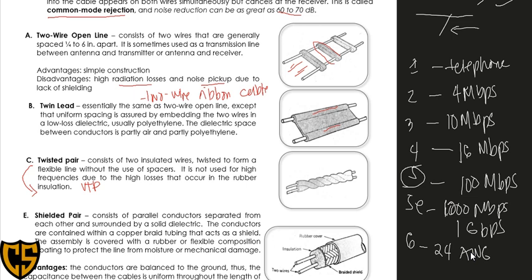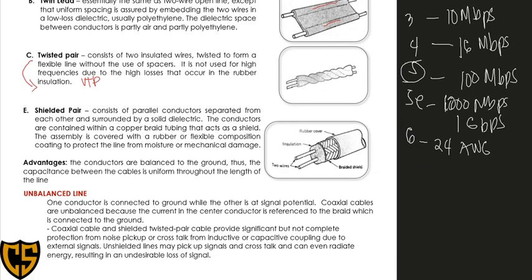Next, we have your shielded pair. Shielded pair consists of parallel conductors separated from each other and surrounded by a solid dielectric. The conductors are contained within a copper braid tubing that acts as a shield.